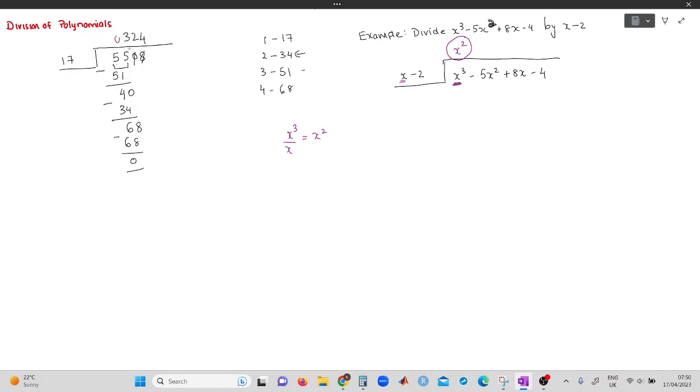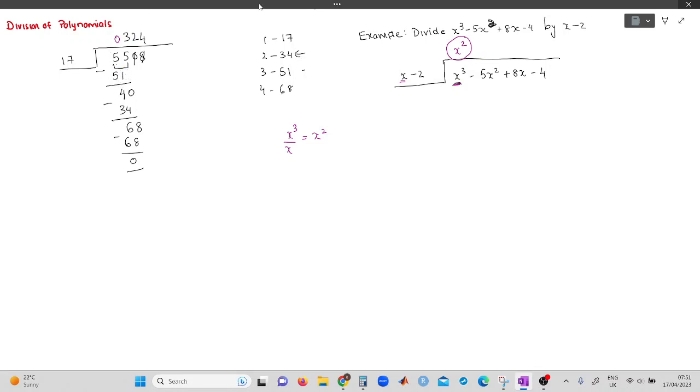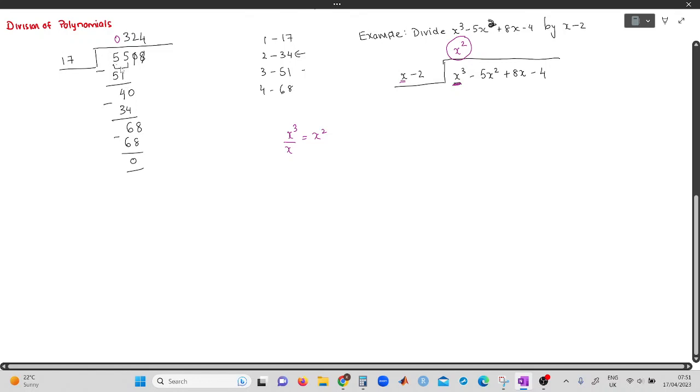There is a 0 here, which we don't acknowledge. So then we take 55 divided by 17. We got 3. Why? Because we took 51, which is in the table of 17. So 55 divided by 17 gives me 3 because I have taken 51. Now, what do I do? Once I have put this 3 up there, I do 3 times 17, which gives me 51. I need to do 3 multiplied by that. It is not because I took 51 that I put it there. It is because of the 3.